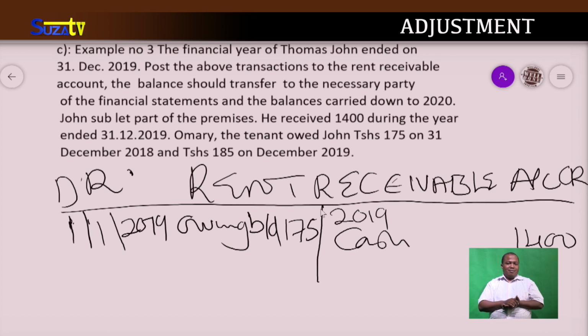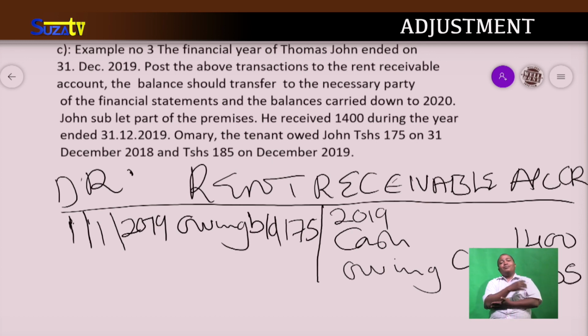Then another owing is Tanzania shillings 185 on 31st December 2019. This is the current year's owing. It should be added to cash. You put it on the credit side of the account of rent receivable. Put here that owing CD of 185.